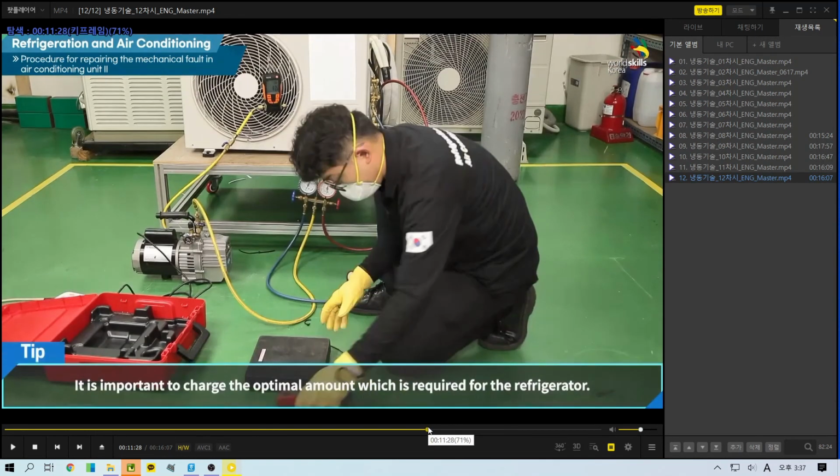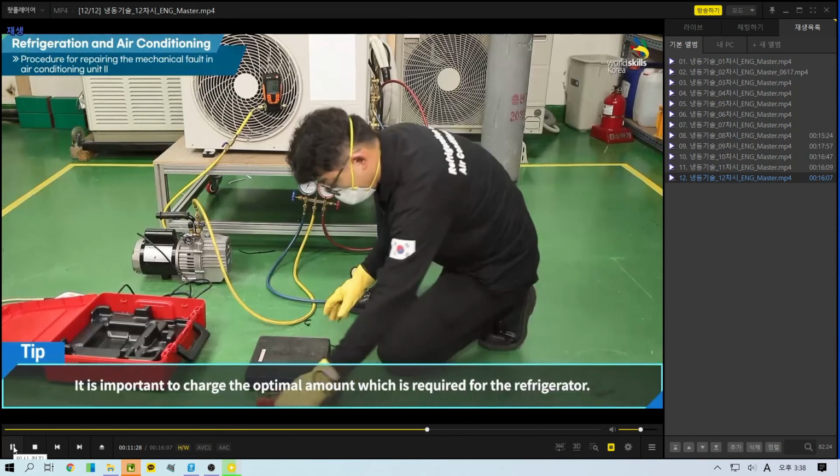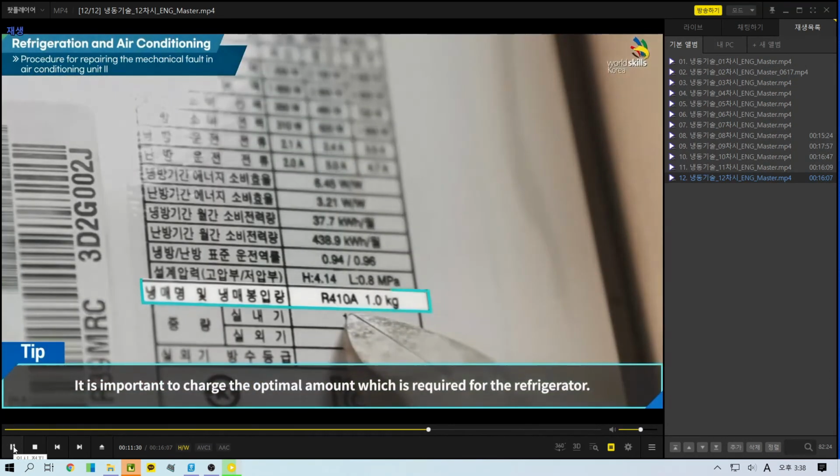But in case of the air conditioning system, there is no sight glass generally. So you can recharge the refrigerant to the air conditioning unit according to the specified amount on the equipment according to the manufacturers. To charge the optimal amount which is required for the refrigerator.